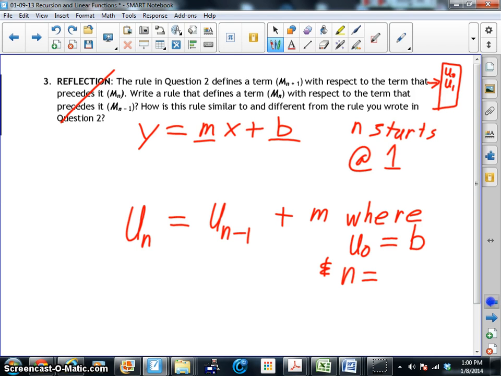This u sub 1 is where we're really starting. So this is going to be 1, 2, 3, and all the way out to infinity until we stop.